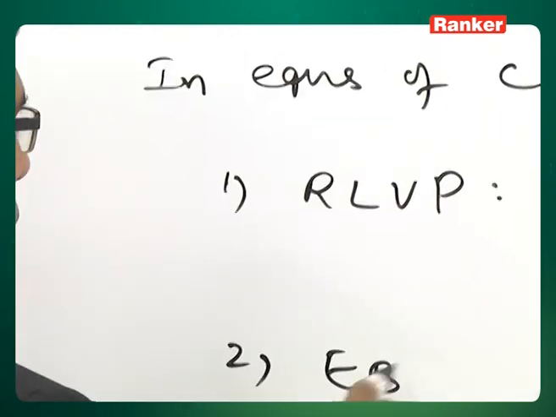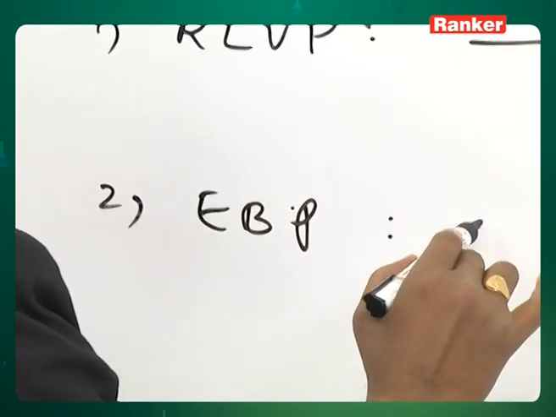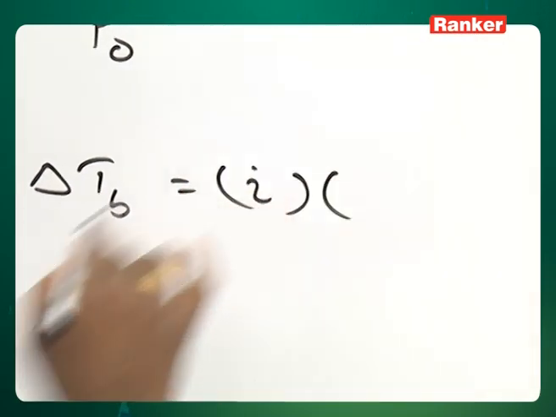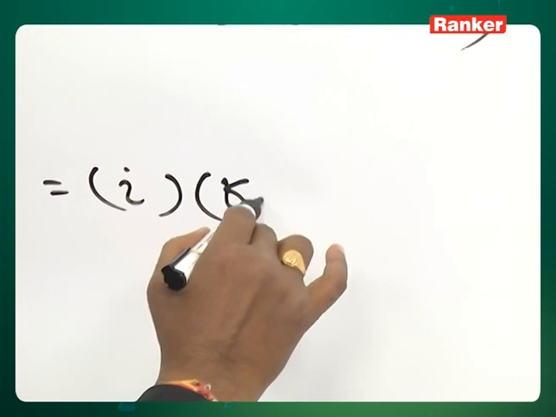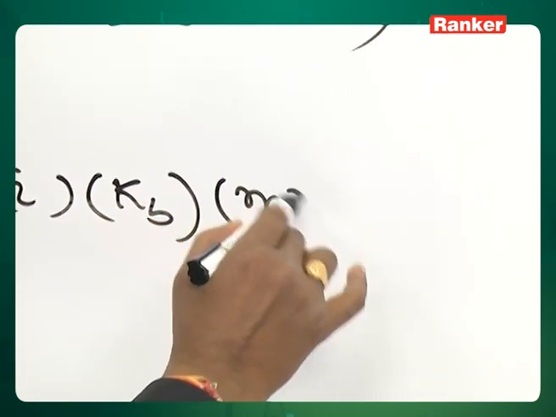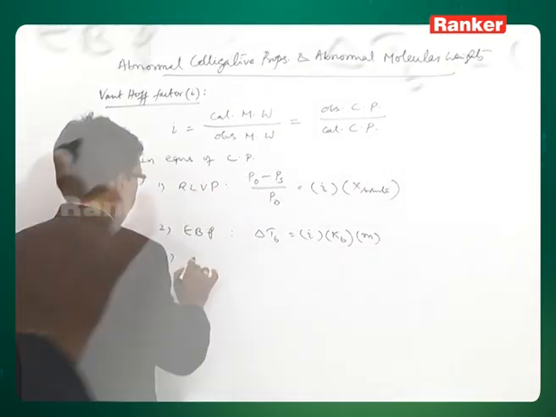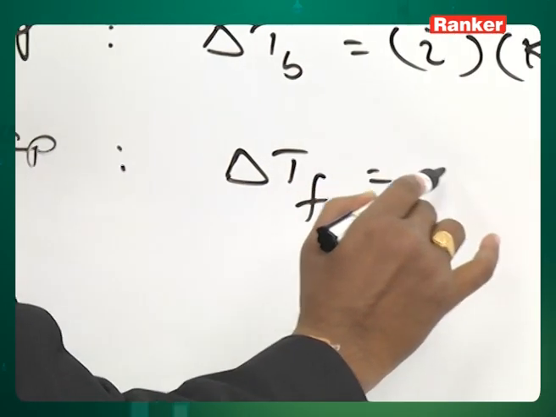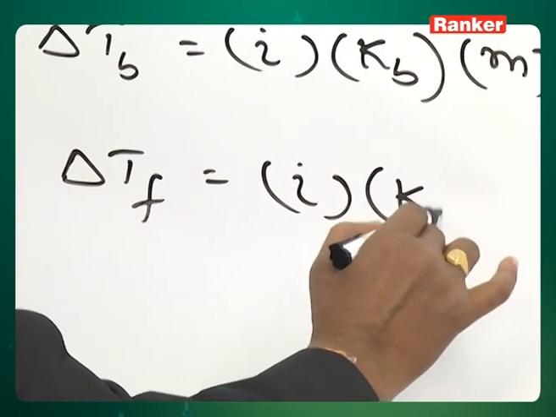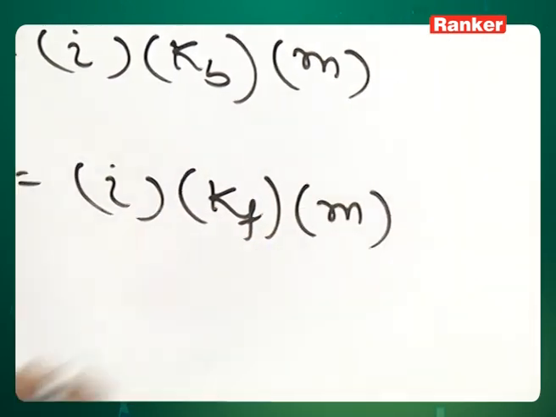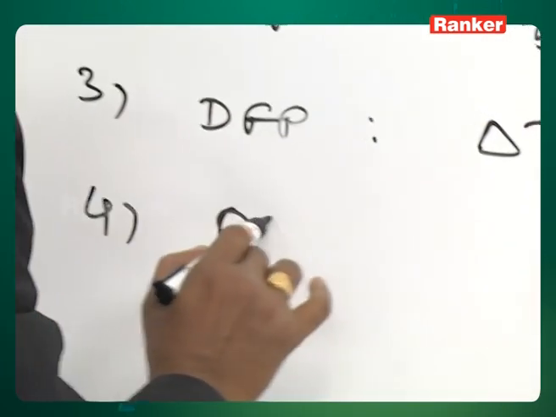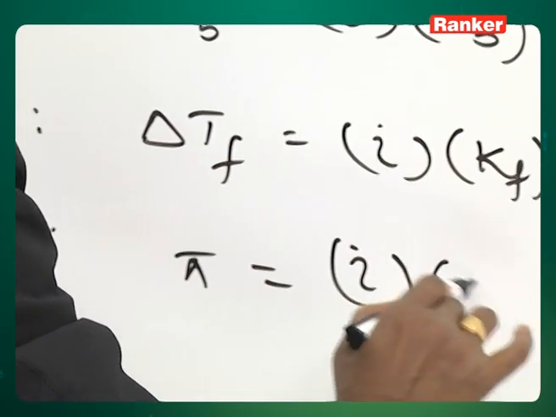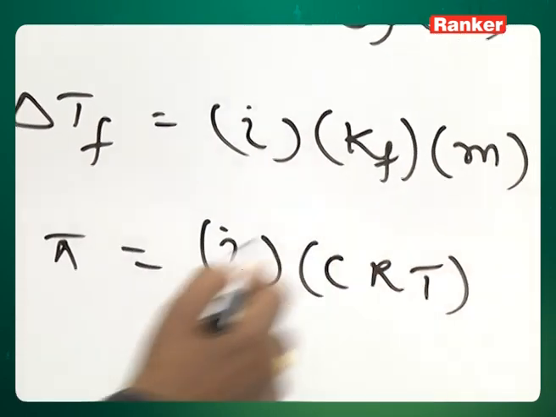Elevation in boiling point, delta Tb, is equal to i into Kb into molality. Depression in freezing point, delta Tf, is equal to i into Kf into molality. Osmotic pressure, pi, is equal to i into CRT.